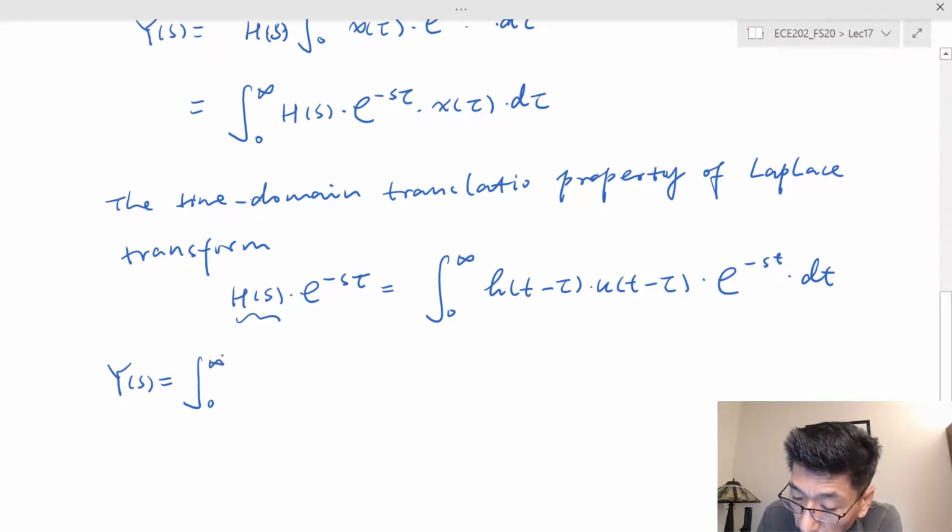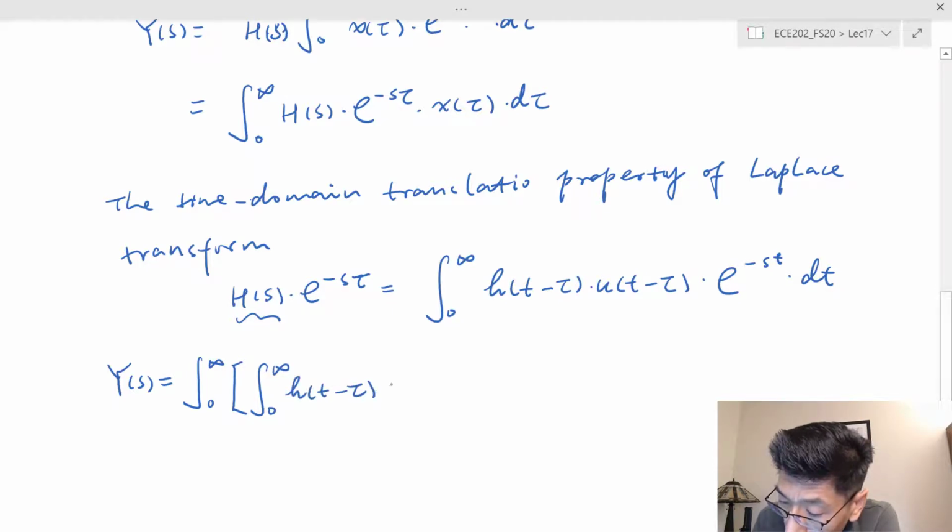0 to infinity. I just want to write this integral here: h(t − τ) u(t − τ) e^(−st) dt.